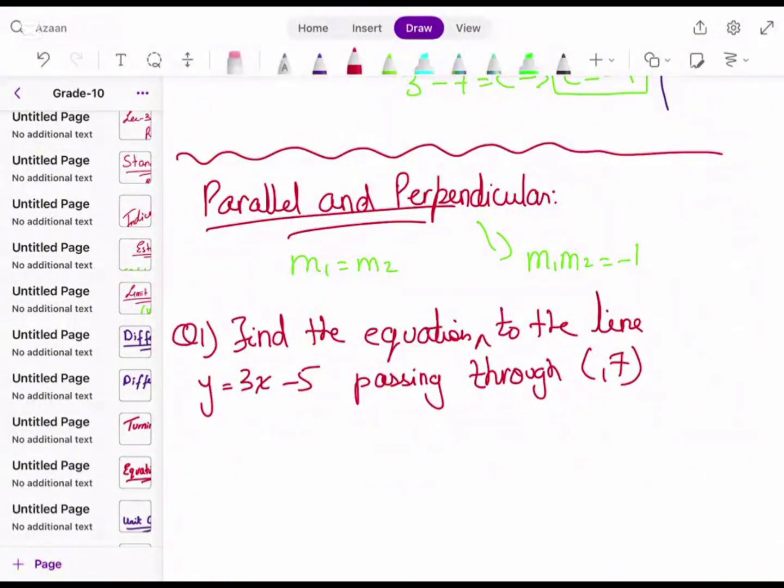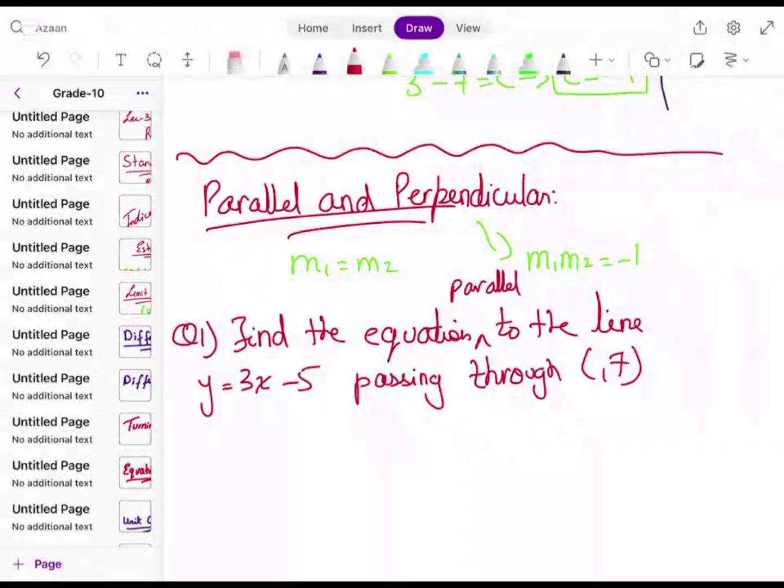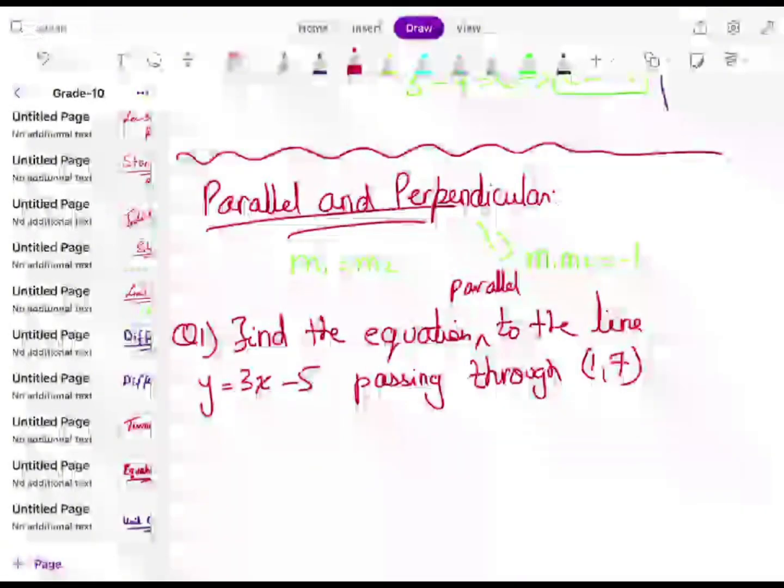I have to write here, parallel. So we find the equation parallel to the line, passing through 1, 7. This is the question. Do you understand the question? Yes. Okay, now how to solve this question?